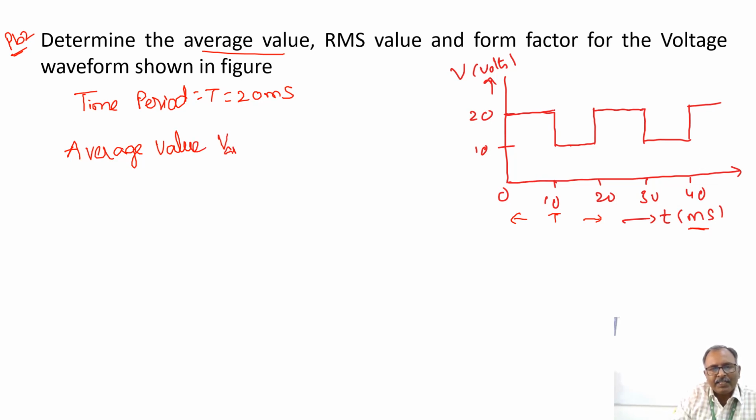V average is given by area under the curve divided by base length.